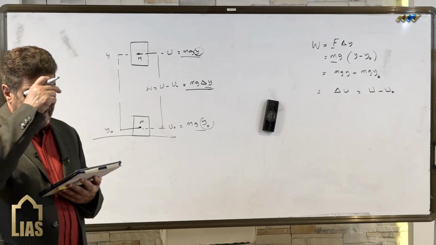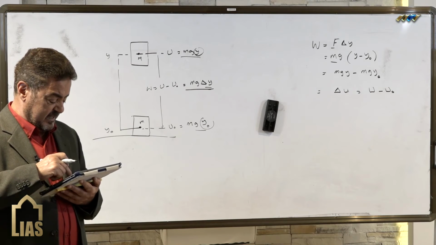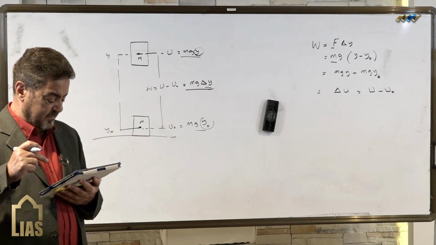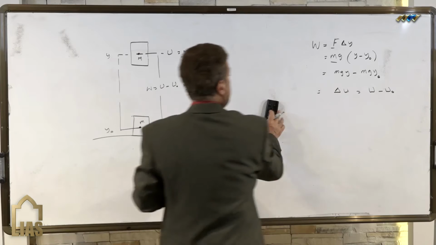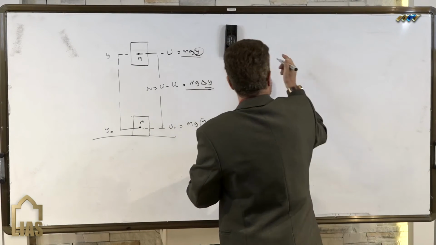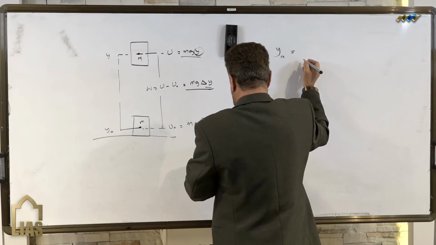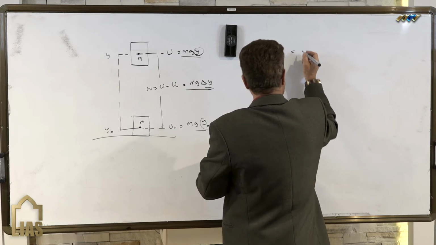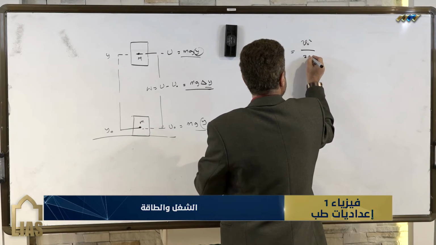You will have some problems together, but because the time is running, the y maximum is equal to v0 square over 2g.